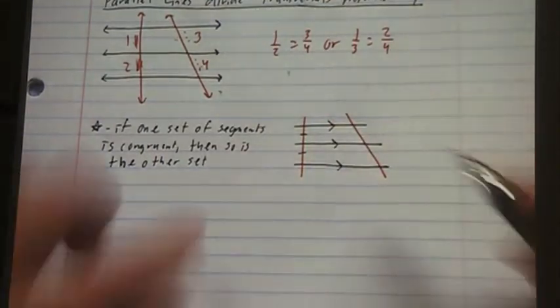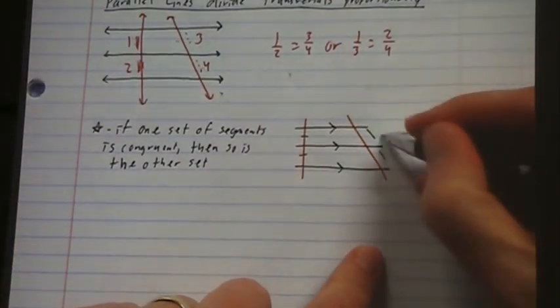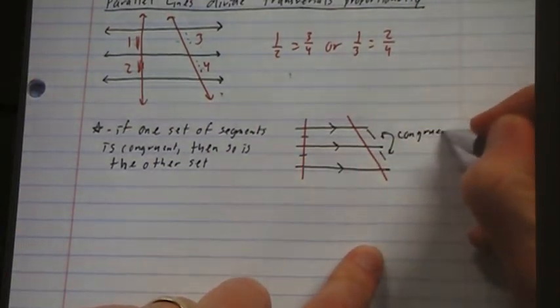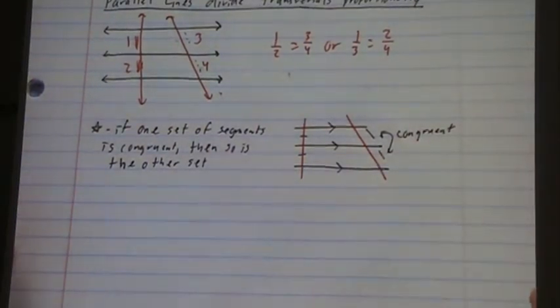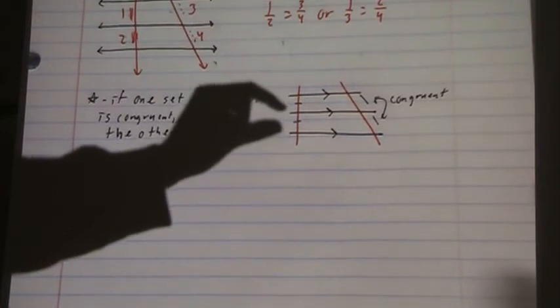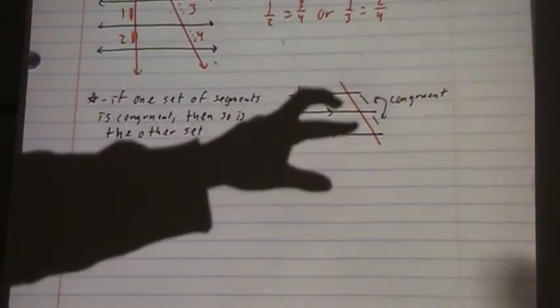So, for example, if you're told that these guys are congruent, then you know that these guys must also be congruent. Okay. Sometimes you might see problems with just those segments with little tick marks on them and values over here. If you got those tick marks over there, then you know those values are going to be equal.